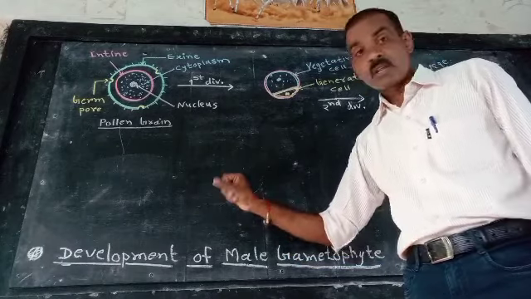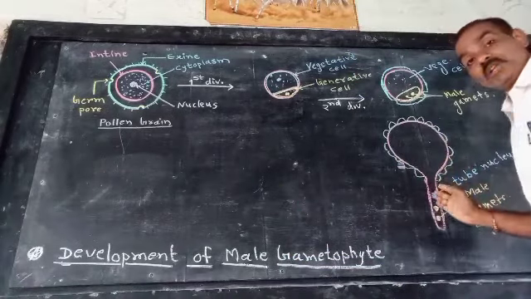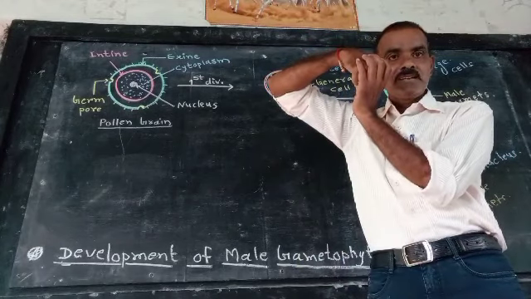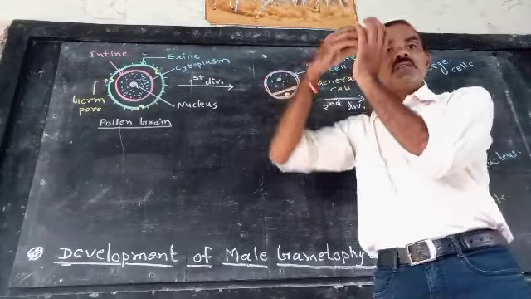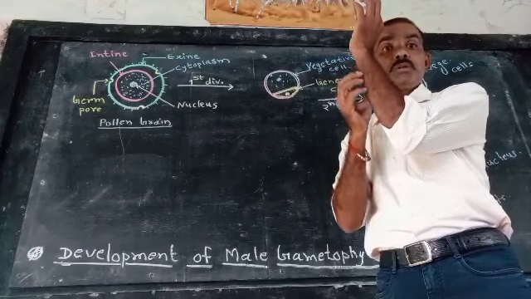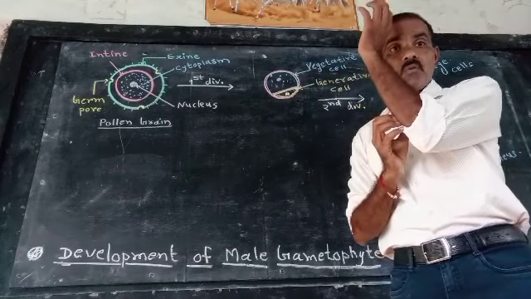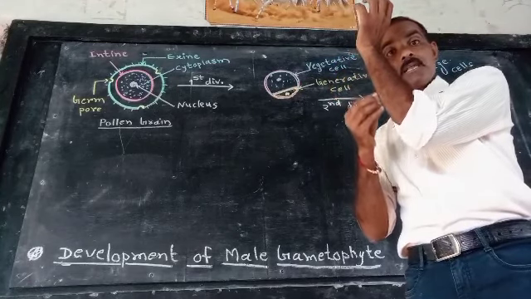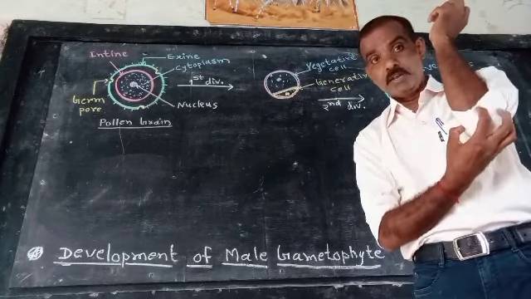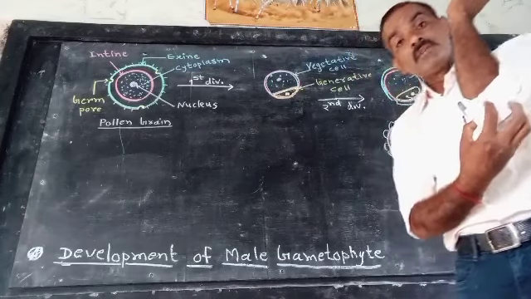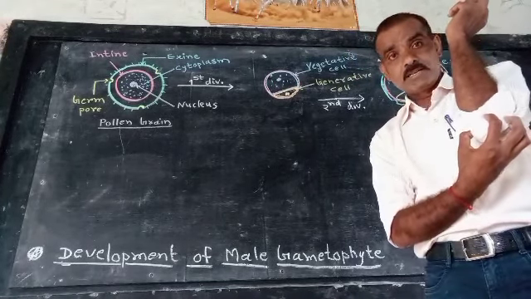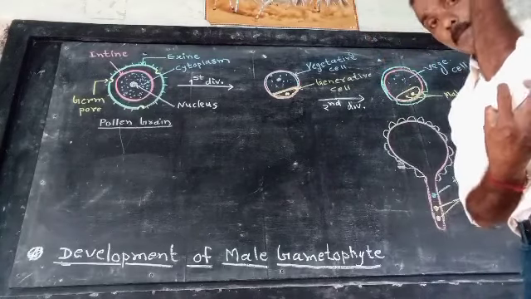Now here, the pollen grain is present on the stigma, swelling, pollen tube formation. That pollen tube passes through the style of the gynoecium and reaches up to the ovary. Within that ovary, the female gamete is present, which is the egg or ovum.